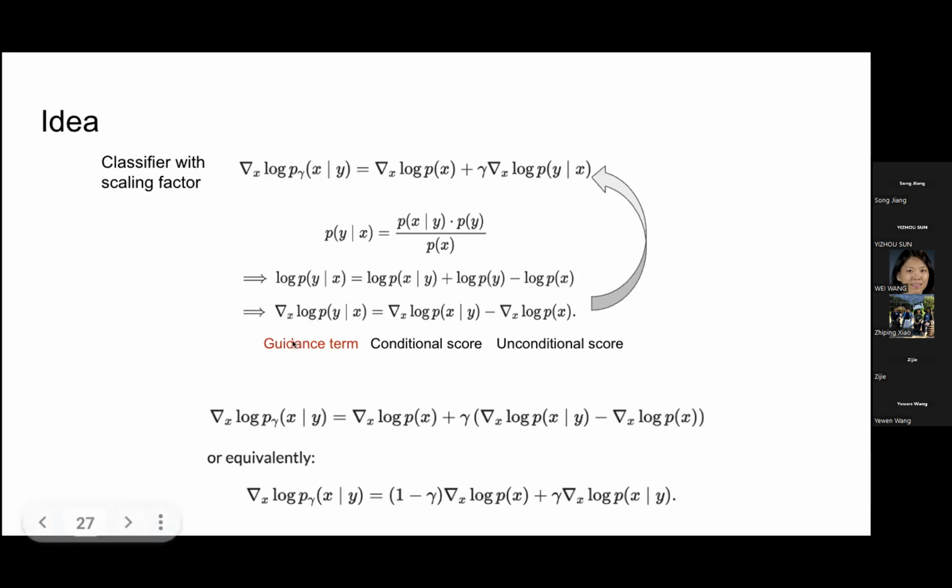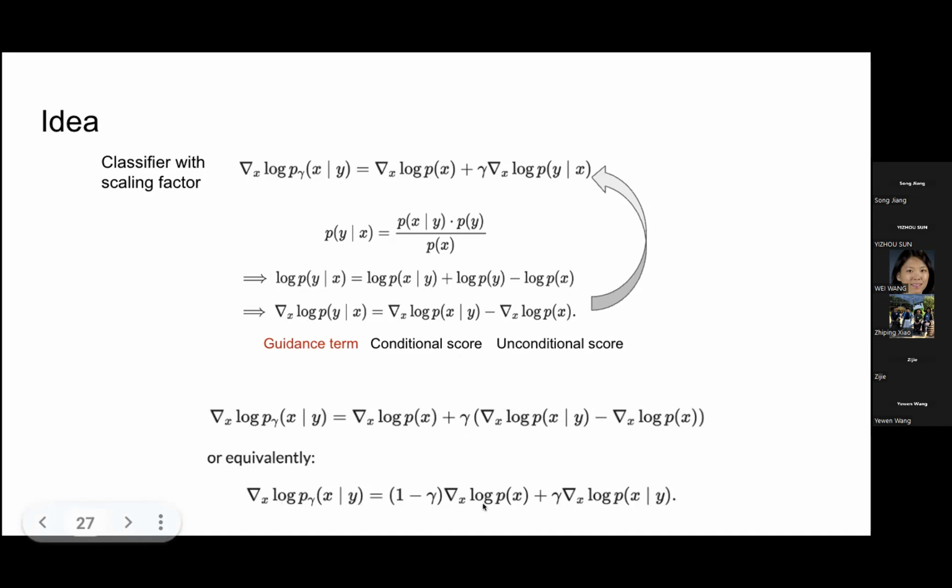Now the previous guidance term is here, and the conditional and unconditional scores are here, right? We put this into the previous guidance term, clean it up, and we have an equation like this.